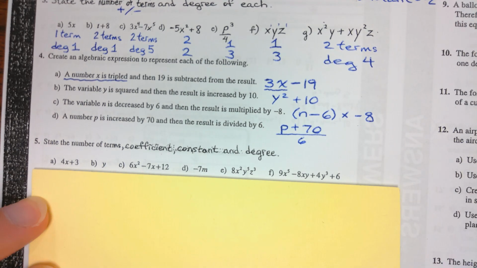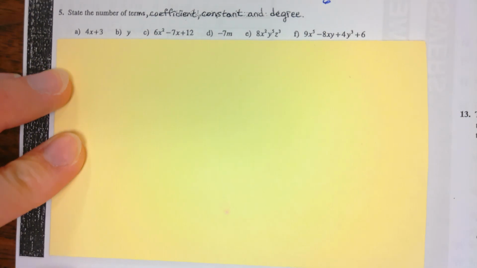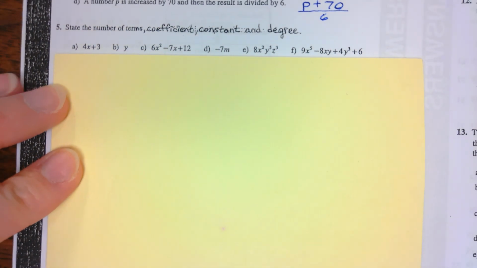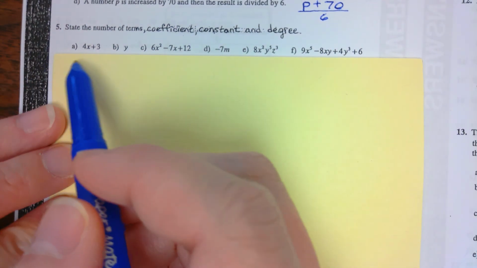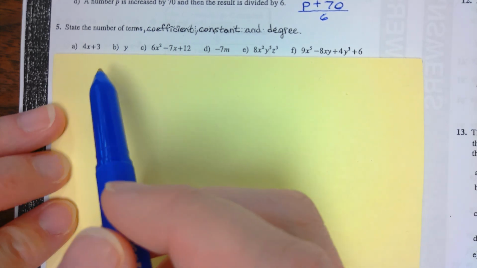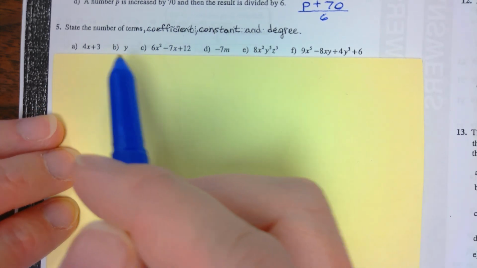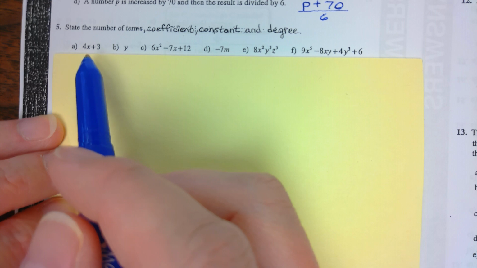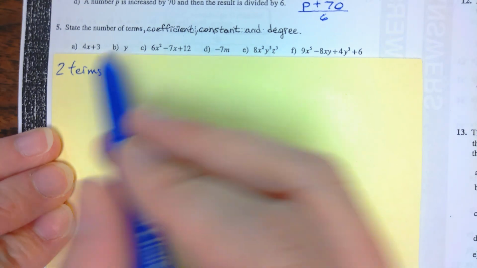Because I want to write out everything. You can write it smaller, or you don't have to write out everything. Okay, so 5a. How many terms do I see? 2. 2 terms. Alright, what is my coefficient?